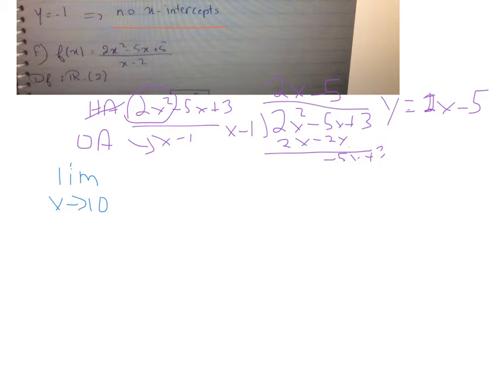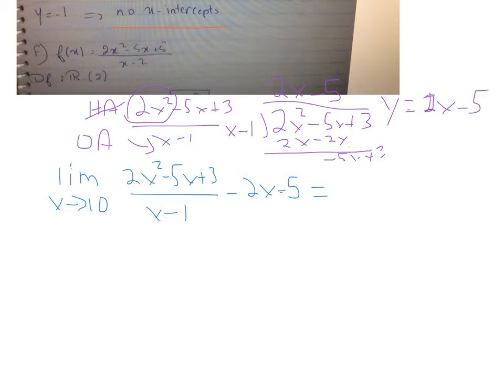So we find the limit as x approaches 10 of our function, subtract the equation of the asymptote. Now, if this turns out to be positive, that will tell us that the curve lies above the asymptote. If it turns out to be negative, it tells us that the curve lies below the asymptote.